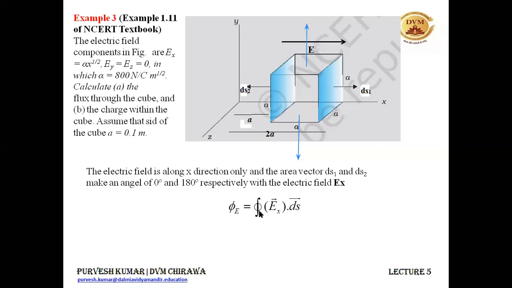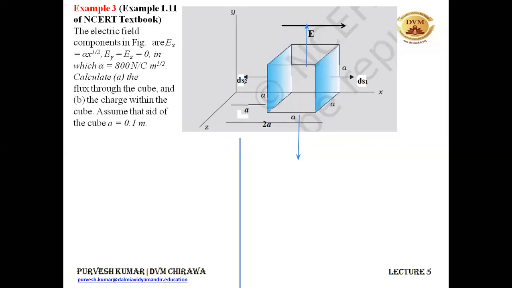Phi E is equal to integration of E dot ds that we have obtained from the previous slide. Now let's try to solve it out. Flux linked with the surface of the cube towards the left is phi 2. So this is my left surface, that is ds2. The area vector coming out from it is ds2.